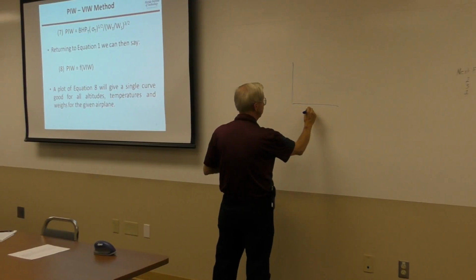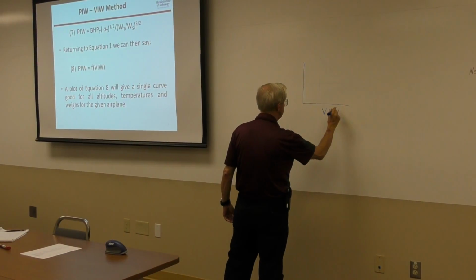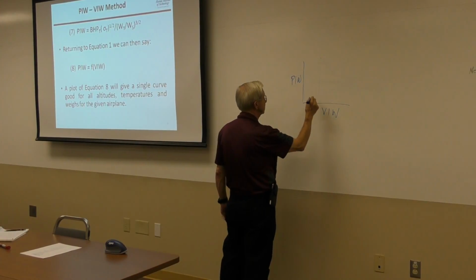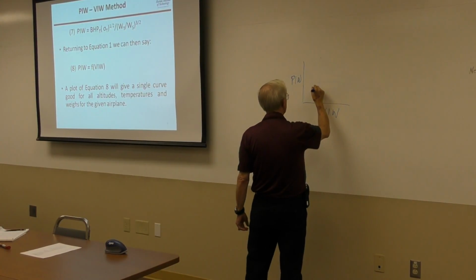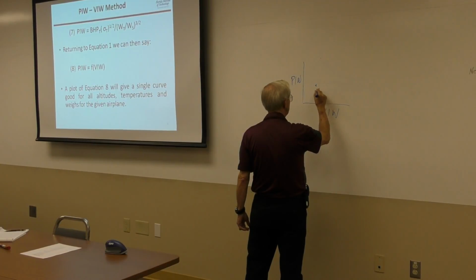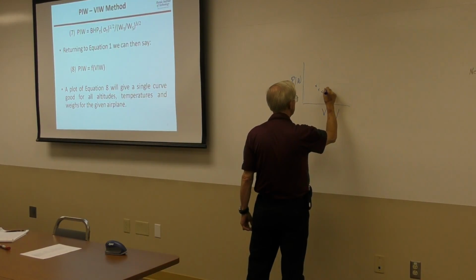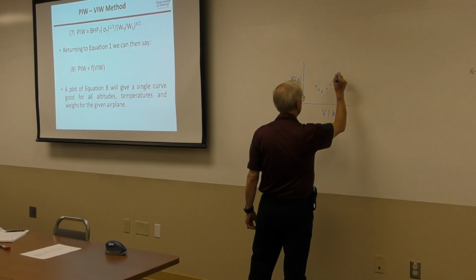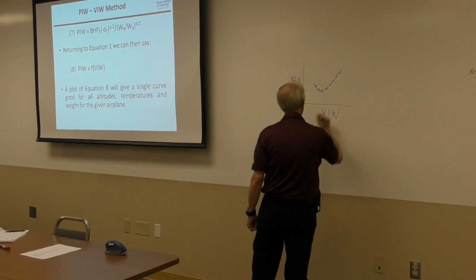Again, down here, we're going to plot VIW and PIW on this axis. And what we're going to do is we're going to get a bunch of data points. That looks like a curve that you've probably seen before.